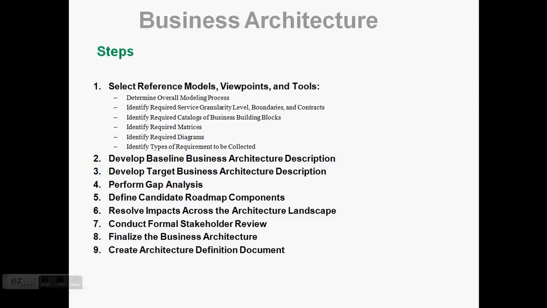Step 6 is to resolve impacts across the architectural landscape. At this stage, other architectural artifacts in the architectural landscape should be examined to identify things such as: does this business architecture create an impact on any pre-existing architecture?